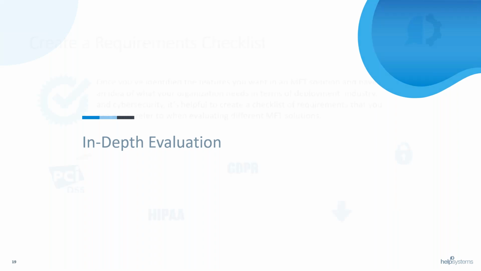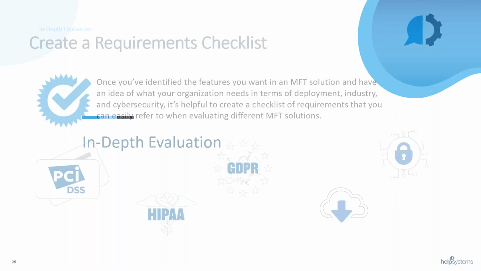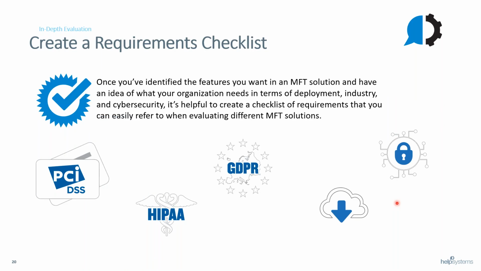Now, our in-depth evaluation. We're going to talk about some ways that you can create a requirements checklist. To begin the in-depth evaluation, we suggest that you create this checklist, and this list should also include your compliance requirements, the deployment options, and even your budget considerations.